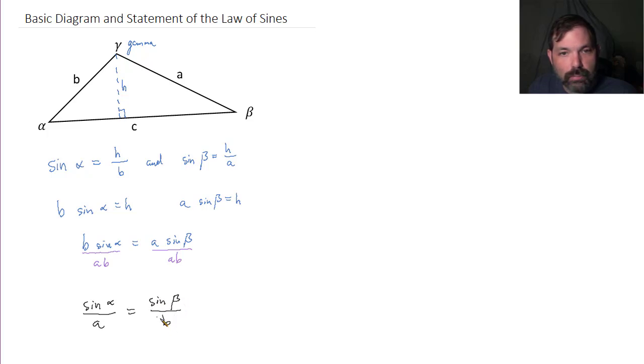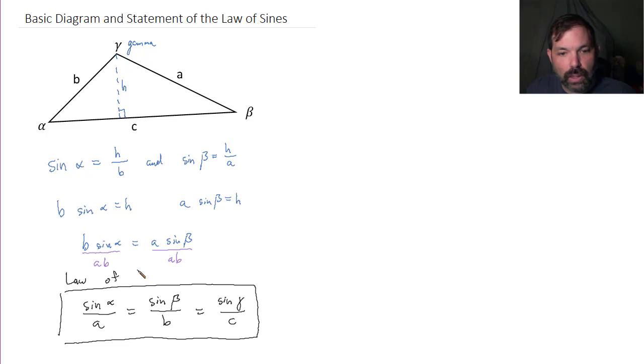divided by b. Now, if I had drawn a different altitude, I could get a similar statement using c and gamma. So then the sine of gamma over c is also proportional. And this statement is commonly known as the law of sines.